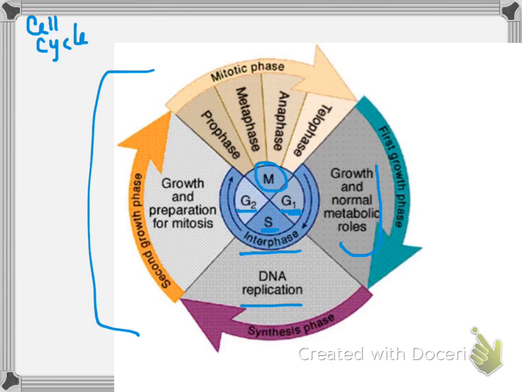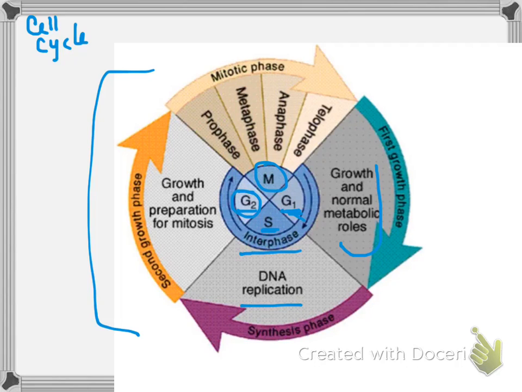So let's go back here to our cell cycle. The cell has done what it's supposed to do in G1, it's gone through S phase, it's duplicated its DNA, and now it's going to be getting ready to go into mitosis, or the M phase. But before it happens, there's one last growth phase in interphase, which is called G2.